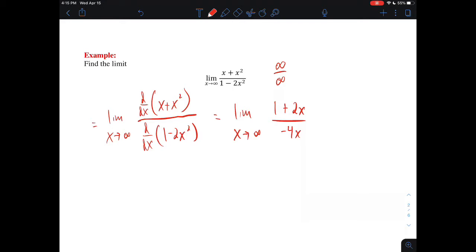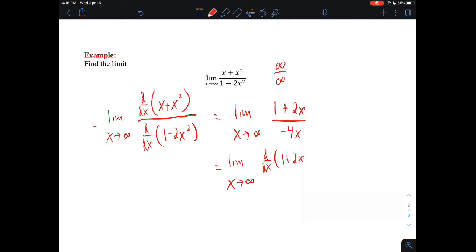If I was to plug in infinity here, notice I would still get infinity over infinity. Actually, now I would get a negative. So let's do this again. Take the derivative of the numerator and denominator. If you have an indeterminate form, you can keep doing this.